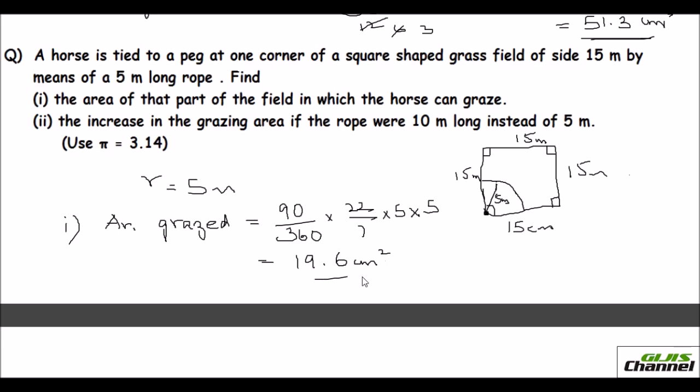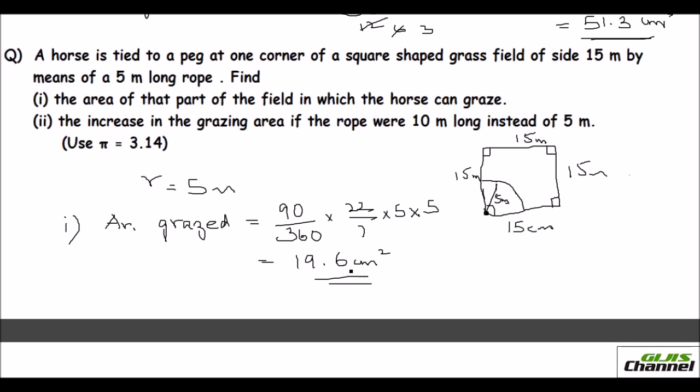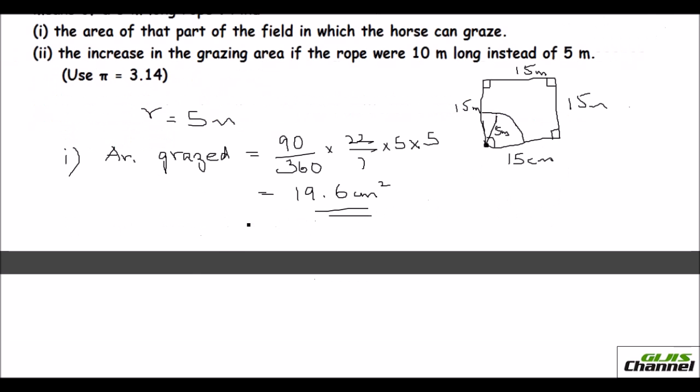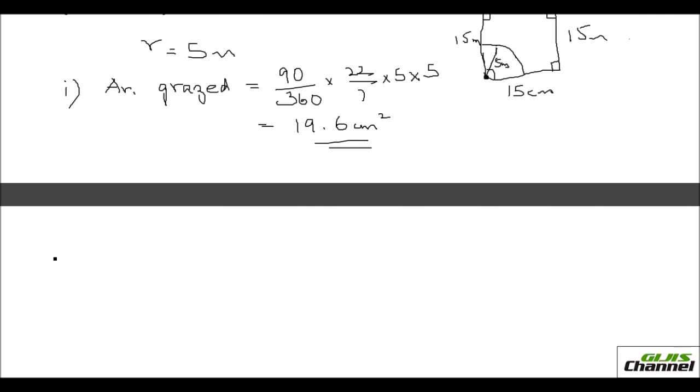Okay? You have another part in this. The increase in the grazing area, if the rope were 10 meters long instead. Okay, now the rope is 10 meters. So area grazed would be equal to, instead of 5 you just put 10. All the rest are the same. 90 degrees by 360 times 22 over 7 times 10 times 10.